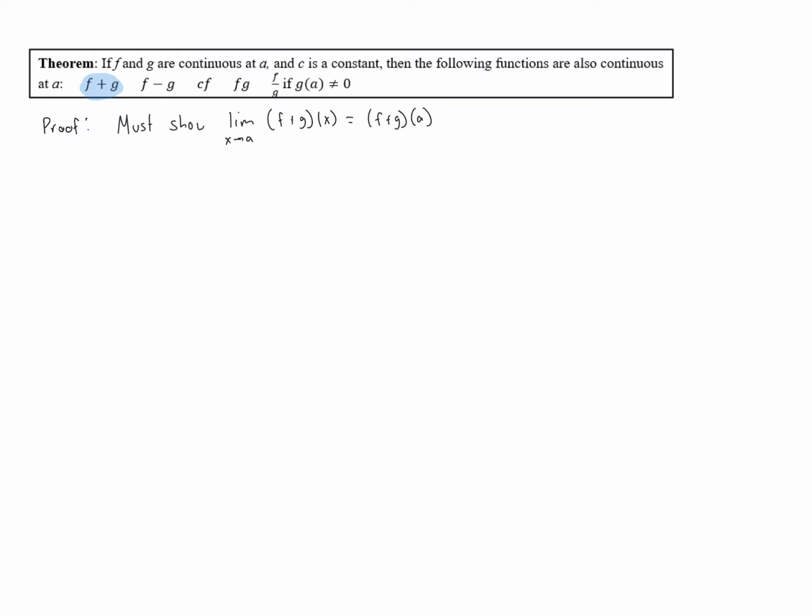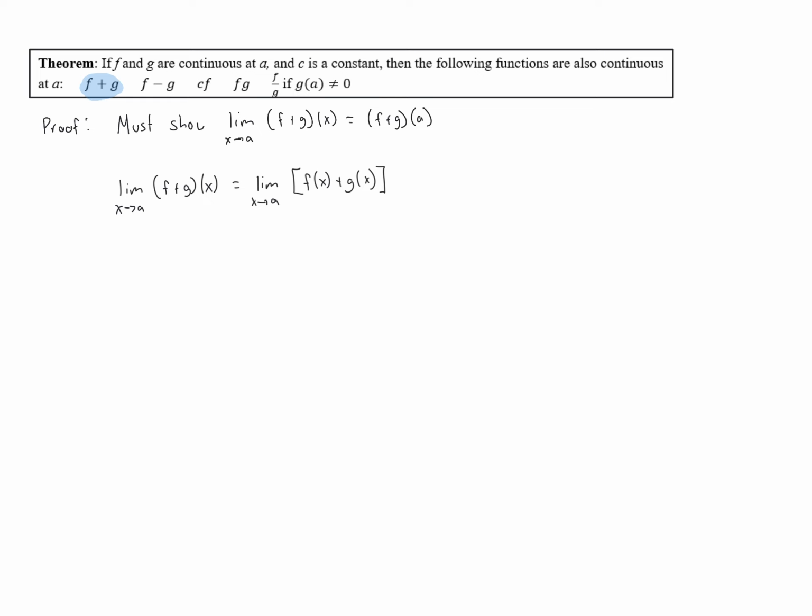All right, so let's take a look at the limit as x approaches a of f plus g of x. Now, we can also write this as the limit as x approaches a of f of x plus g of x. That's what f plus g of x means. It's the sum of those functions.